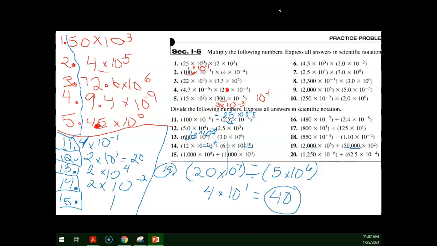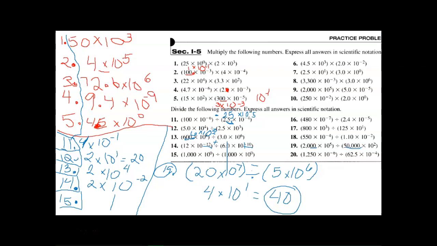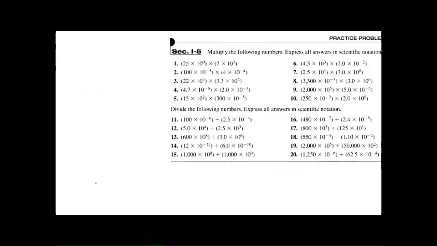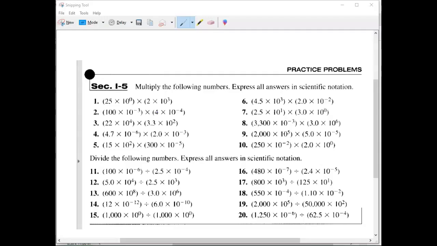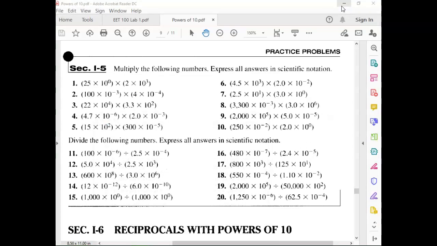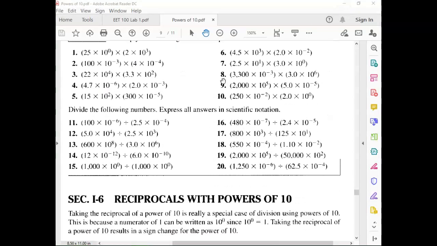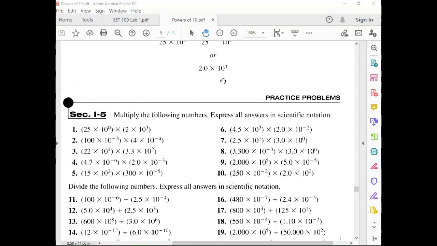Okay. All right, so I'm going to go ahead and erase all this. Let's see.